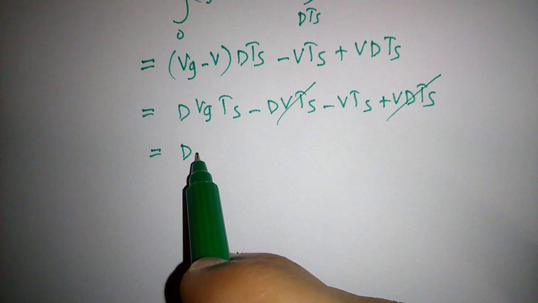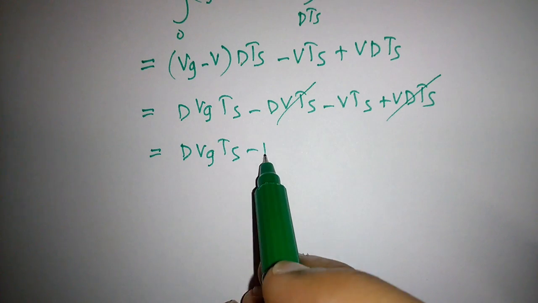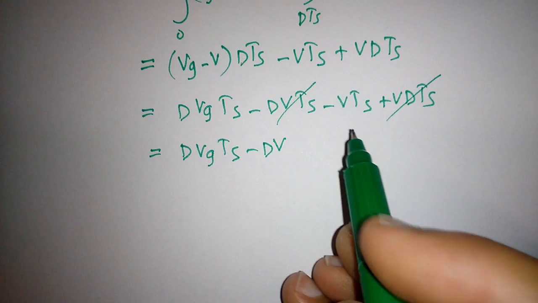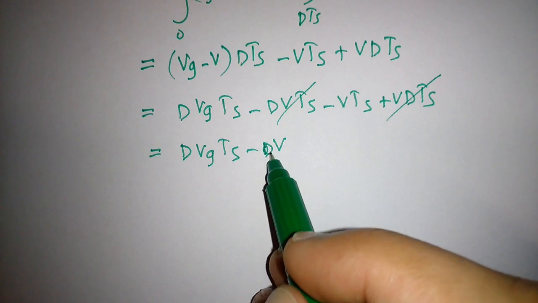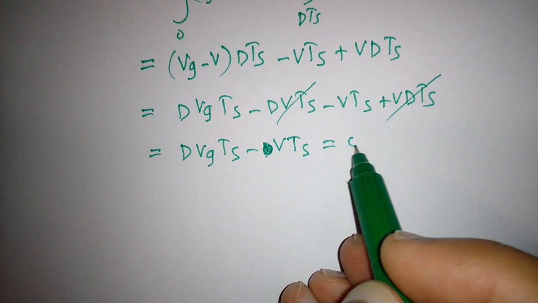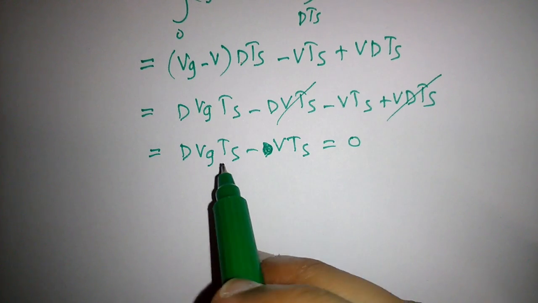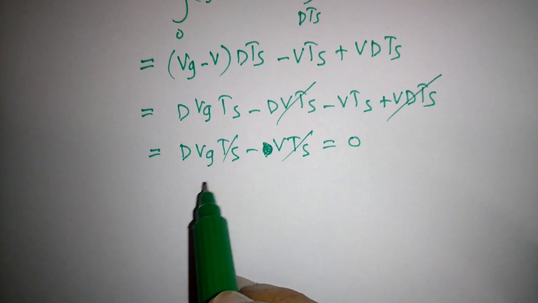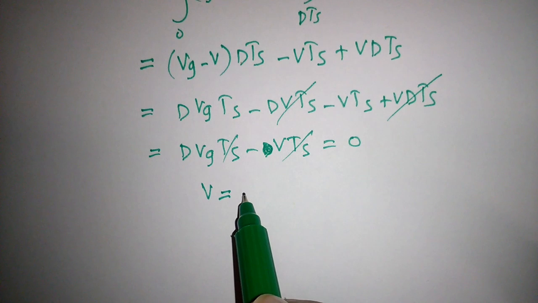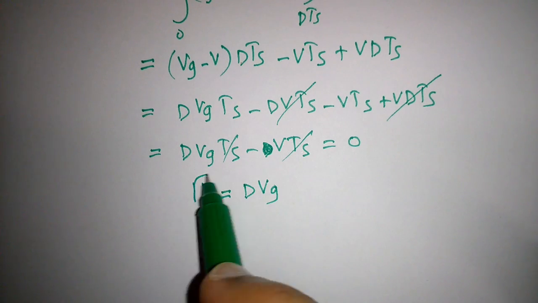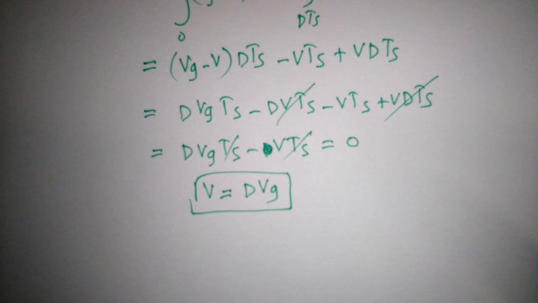Cancelling out terms, we see dVg Ts minus VTs is equal to 0, and Ts is also cancelled out. We see that the output voltage is equal to dVg.